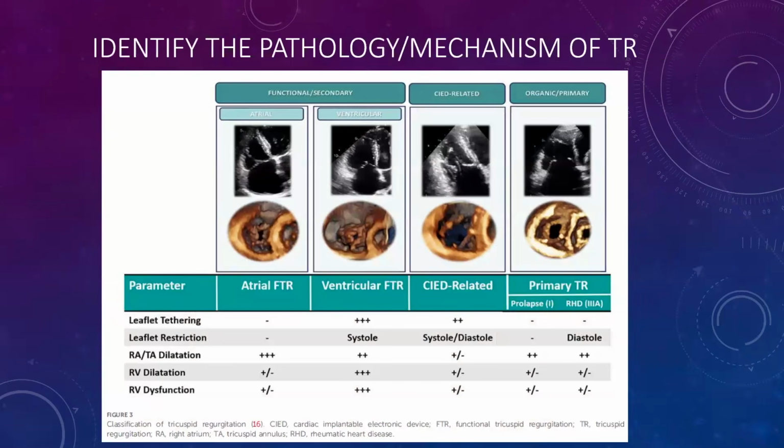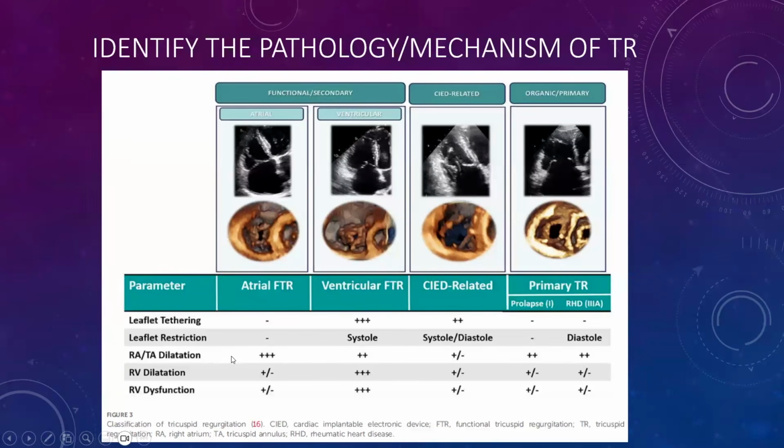So to understand here, these are the same categories that we already talked about in terms of the morphology you expect. This is the lead-related one, the obvious one, where you can have the leads impinging on the leaflets themselves or the subvalvular apparatus. Sometimes you can have leads that are just bystanders, so it's important to identify whether the lead is actually implicated in the pathology of the tricuspid regurgitation or not.